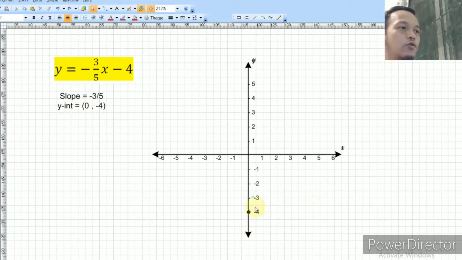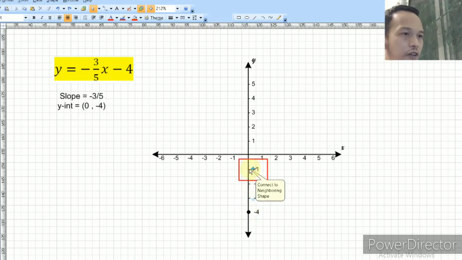And then we have to find the second pair by using the slope. Since I know the slope is negative 3 over 5, it means I can use the slope as 3 divided by negative 5. So 3 units go up, 1, 2, 3.